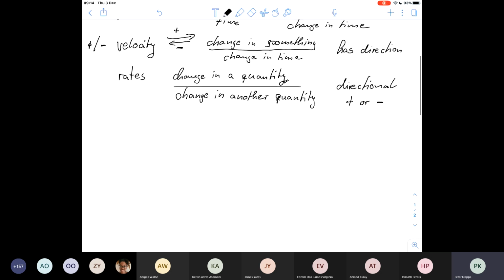Now, when we're talking about reaction kinetics, we usually have a very simple reaction. So let's write down a very basic reaction. For example, we have a component A, which reacts, and it forms component B. That would be a very simple reaction.